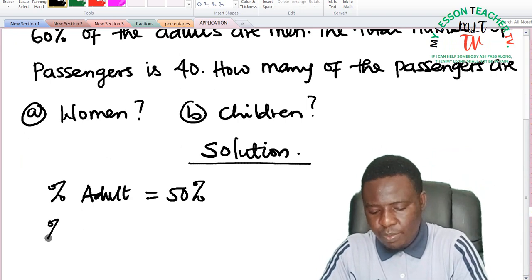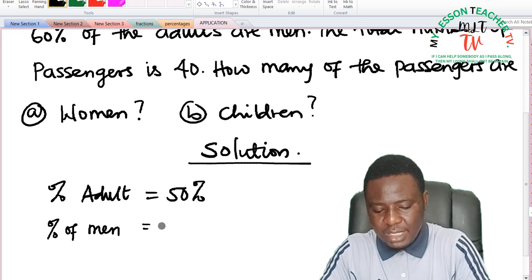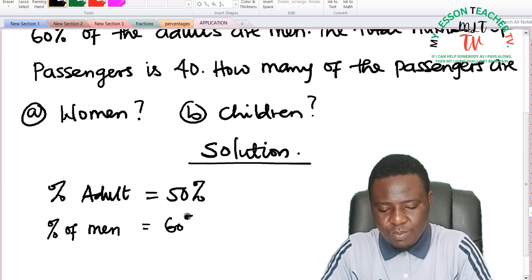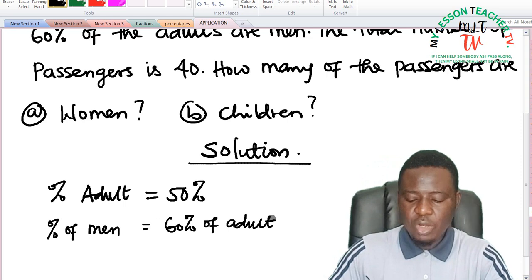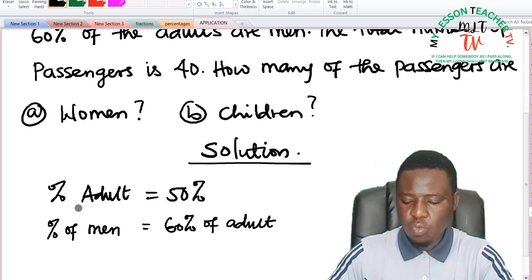So the percentage of men is equal to 60% of adults. That means for us to get the percentage of men, or the number of men in that bus, we must first of all know the percentage of adults.